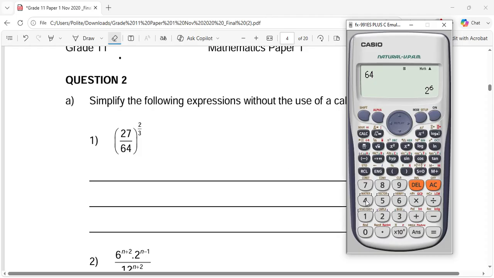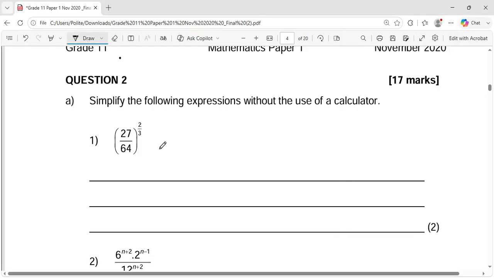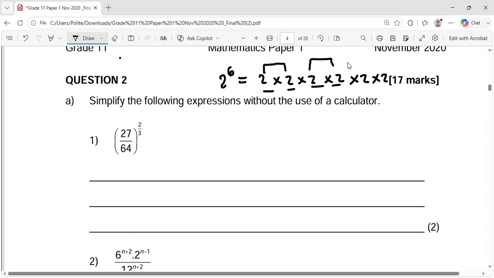So to make it to the power 3, look at this. You have 2 to the power 6, which can be written as 2 times 2 times 2 times 2 times 2 times 2. Look at this: 1, 2, 3, 4. So that's 4, 4, 4. How many fours? 3 of them.